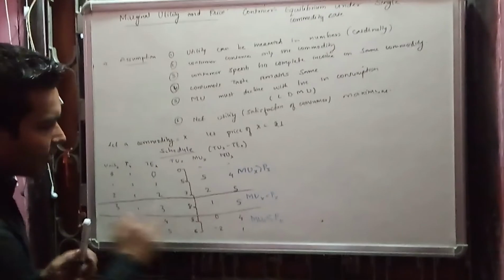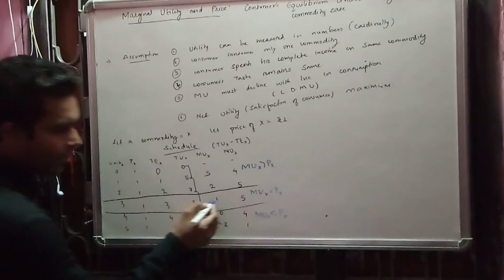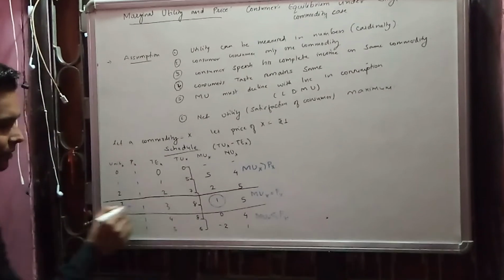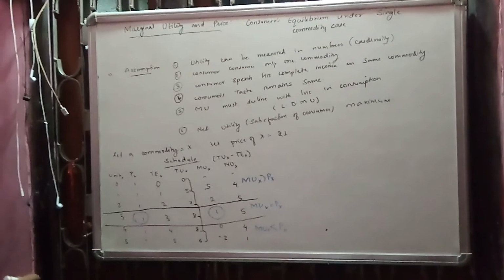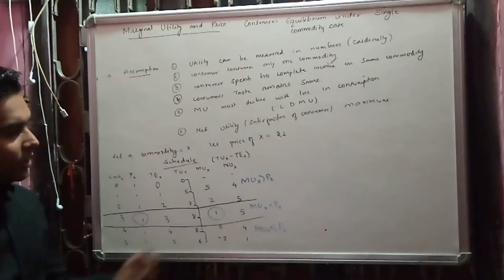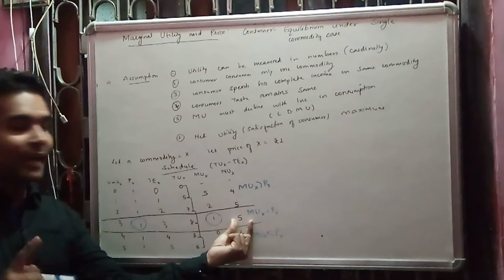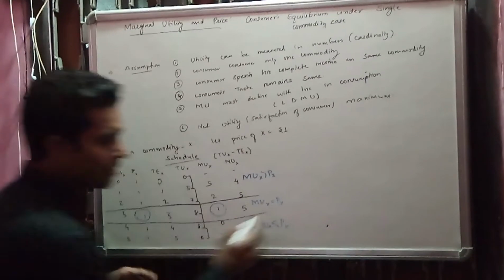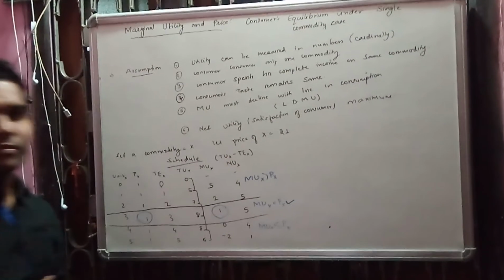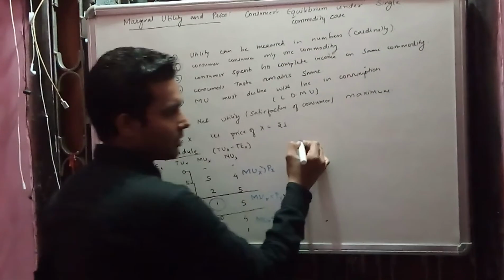Now from here what we come to know is that if marginal utility and price both are equal, then only are we able to make the highest net utility. So this is the condition for equilibrium. So there are two conditions.